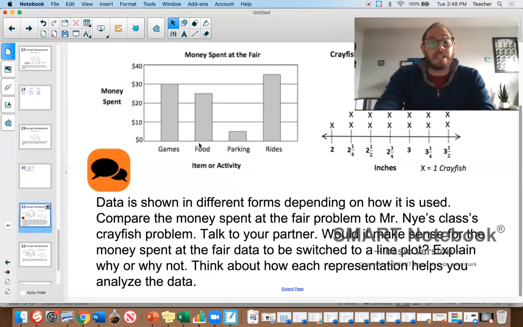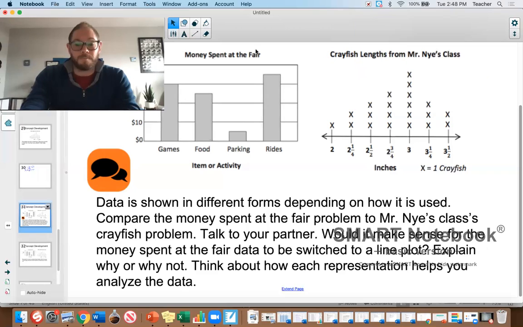Compare the money spent at the fair problem to Mr. Nye's class crayfish problem. Would it make sense for the money spent at the fair to be switched to a line plot? Why or why not? Well, let's think about what each one is showing us.